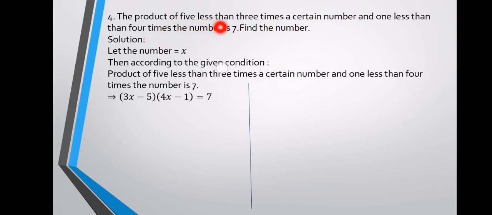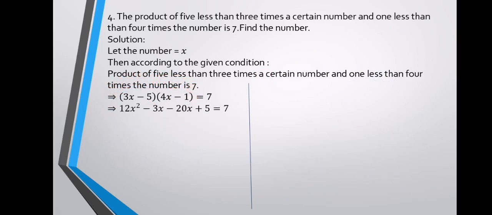So 5 less than 3 times the number means 3x minus 5, into 4 times the number and 1 less than this, that is 4x minus 1, and we have been given that their product is equal to 7.